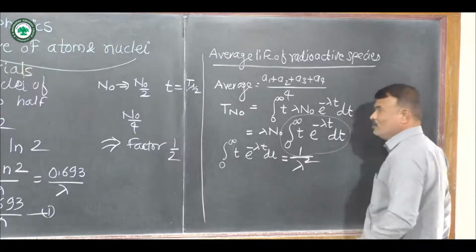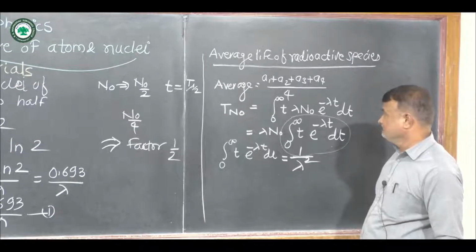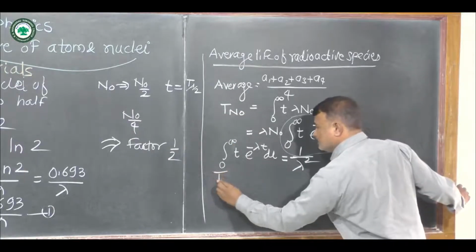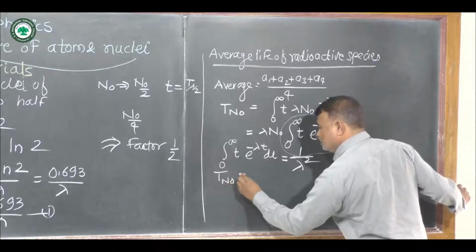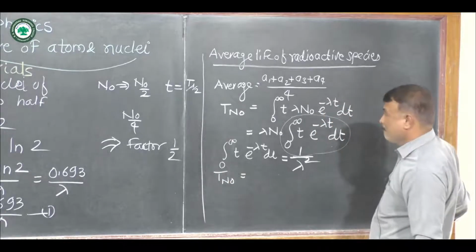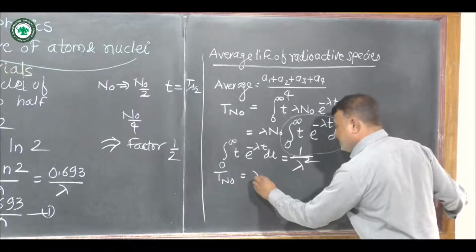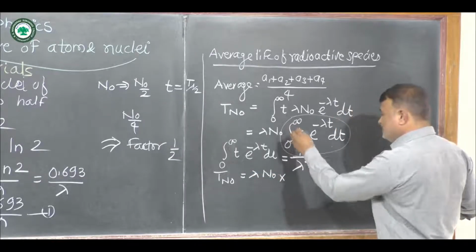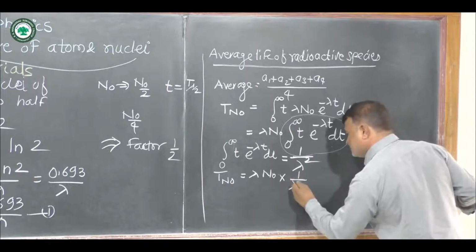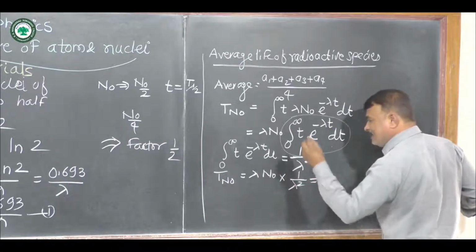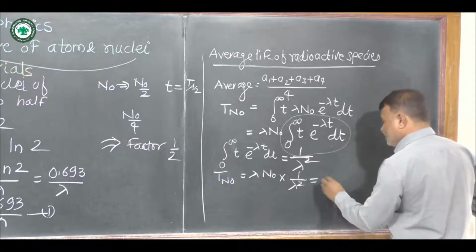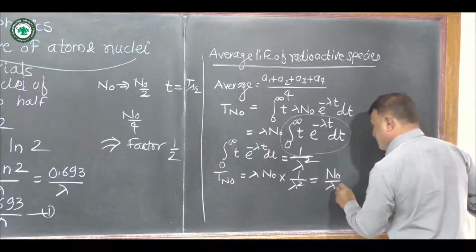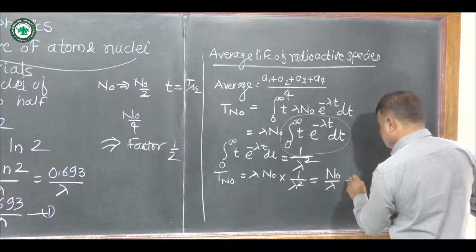Then T N0 is equal to lambda N0 into the value of this integration, 1 upon lambda square. So one lambda gets cancelled and it is equal to N0 upon lambda. So this is equation 2.